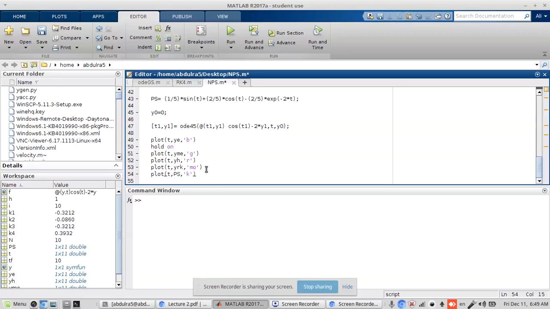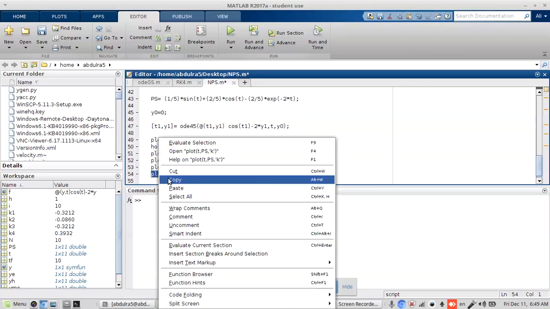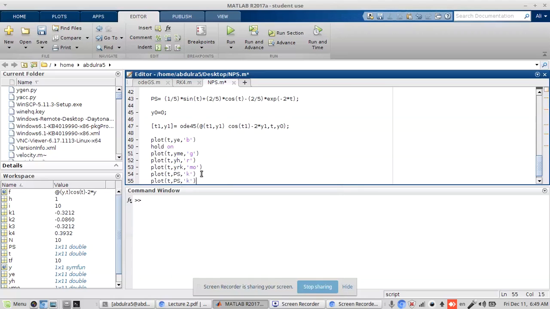So let's write another plot here. T1 and make this one, for example, star. So let's see.